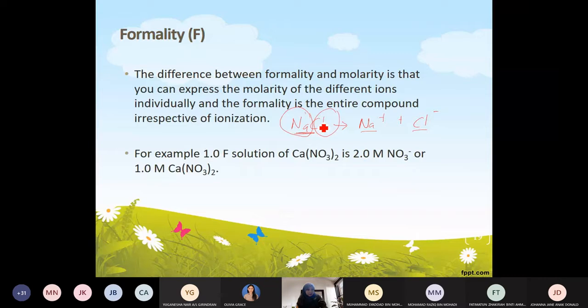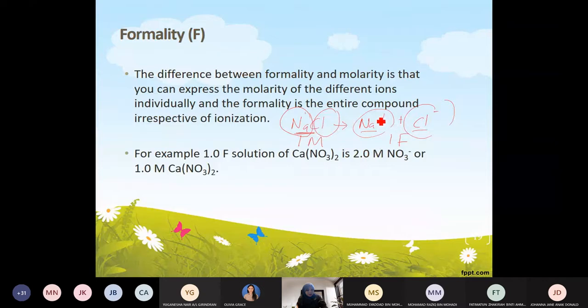Now, it would not give any very clear difference if it involves a ratio of 1:1. Tengok, ini satu, ini satu. However, kalau dia involve ratio yang berbeza, it will give you a difference in terms of molarity and formality. So let's say if I have sodium chloride tadi, 1 molarity sama je dengan 1 formality.